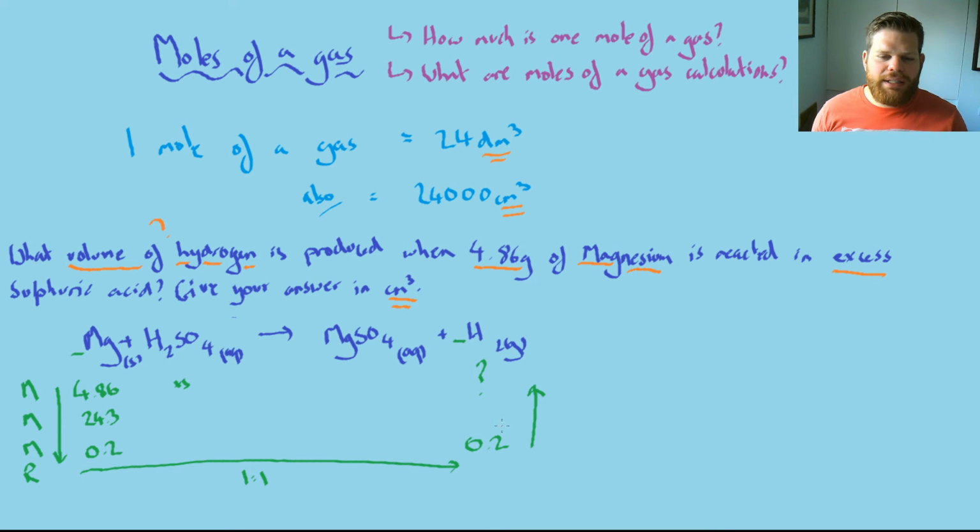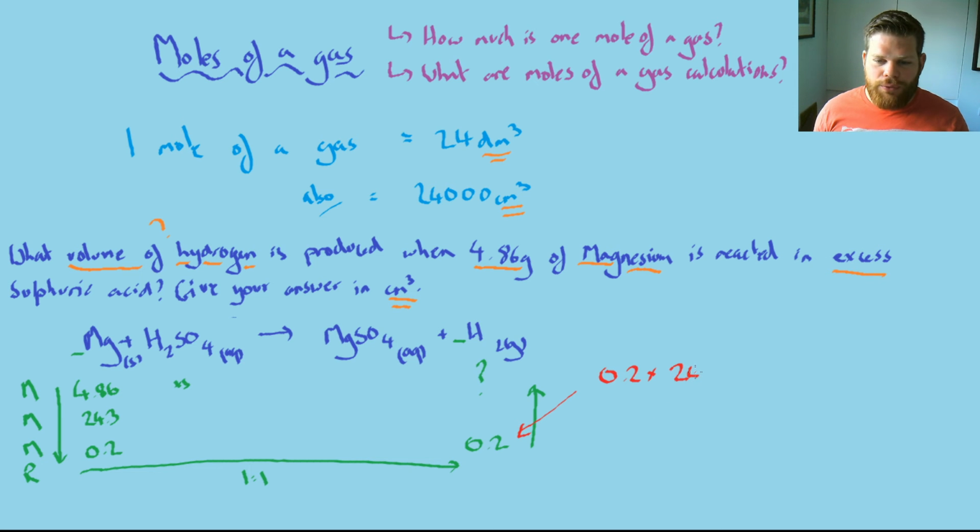Now this is where it's slightly different from the reacting masses. Previously, we would have then gone to work out the mass of hydrogen being produced. This time we're looking at the volume. So what I've got to do is take this number here, this 0.2, and multiply it. Now I've got an option here. I could multiply it by 24 and then convert it, or simply I could multiply it by my 24,000.